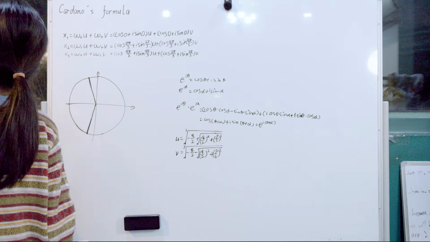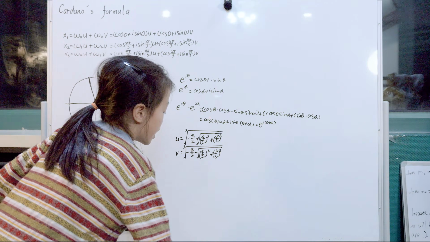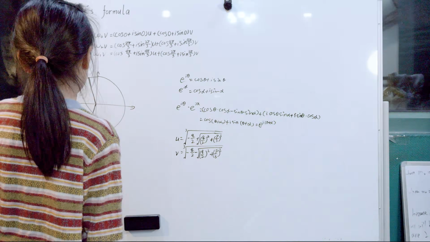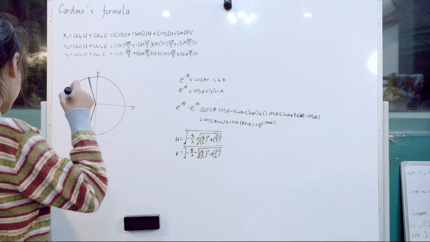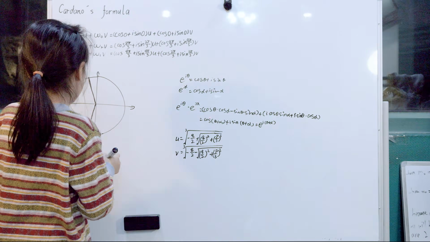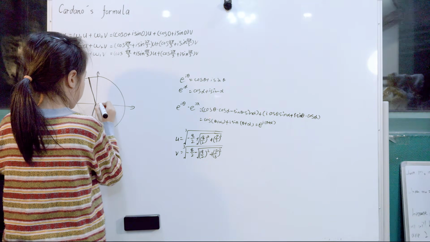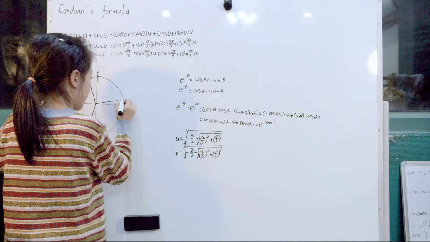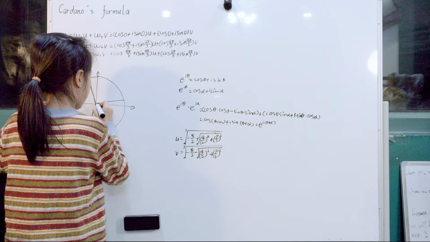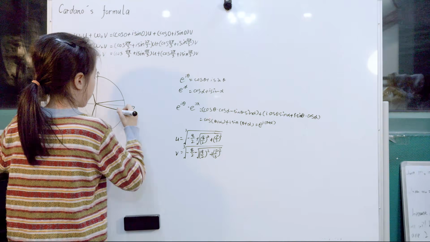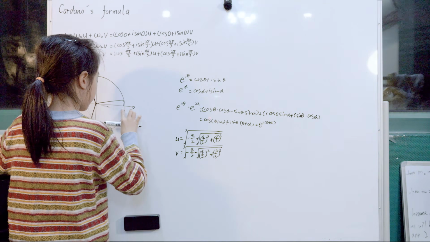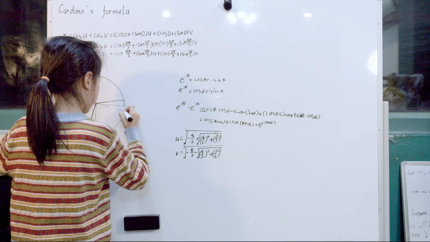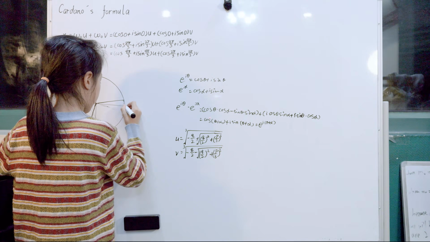So let's think about their angles, their theta. If you add this angle, v has the opposite angle, then you get this, and then draw this circle.